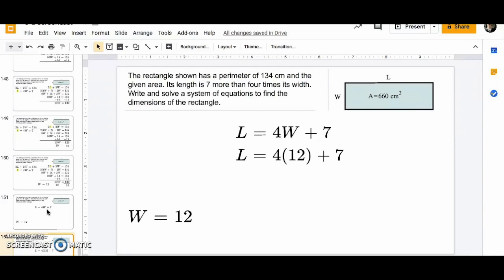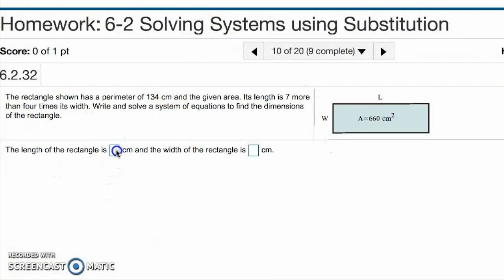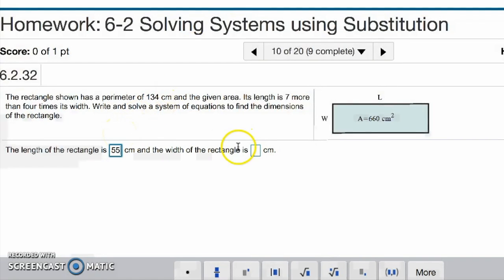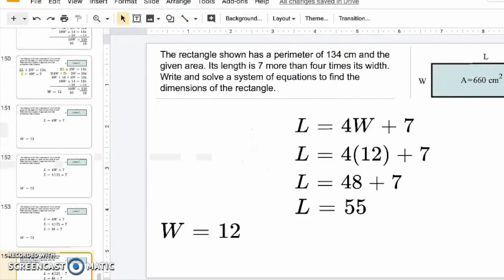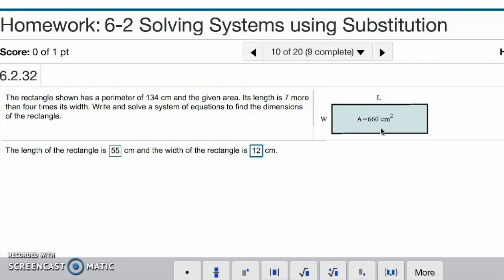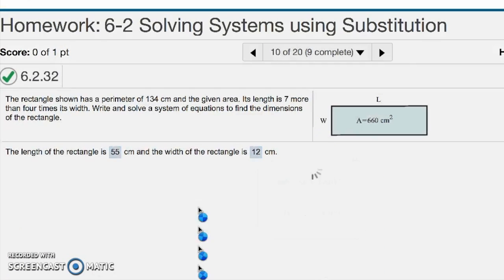So we take out the w, and we have 4 times 12 is 48. 48 plus 7 is 55. Okay, so my length is 55, and my width is 12. And if I multiply the two of those together, I do get an area of 660, so that's a way to check it. That is correct.